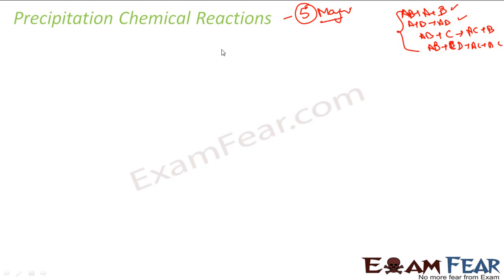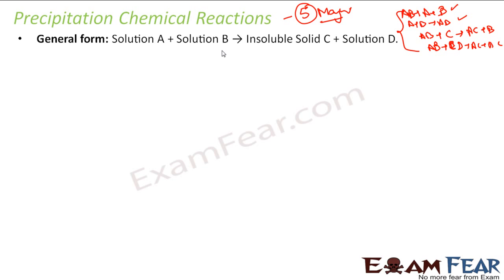A precipitation reaction is nothing but a reaction where you have 2 solutions, and you get a precipitate of insoluble C and also a solution D. So generally, in maximum cases, this precipitation reaction is nothing but a double displacement reaction.